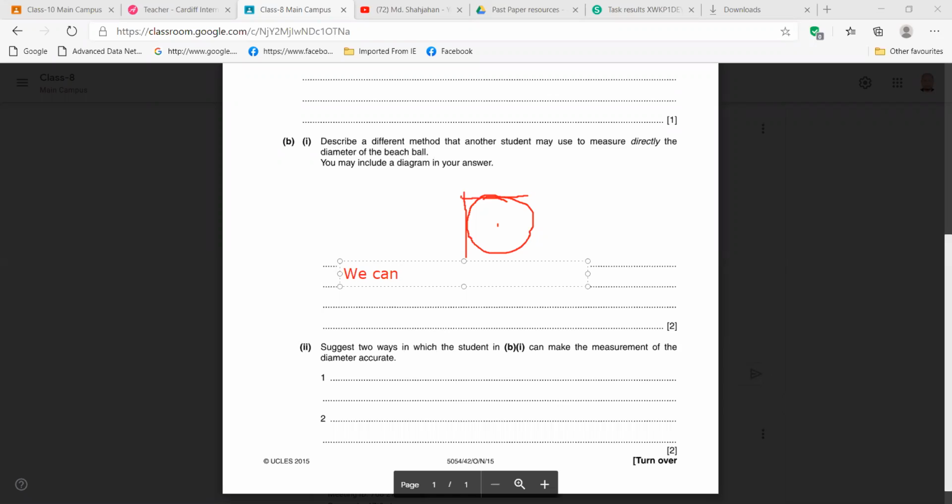We can use glue to fix the ball at a certain place, right? Yes, sir.